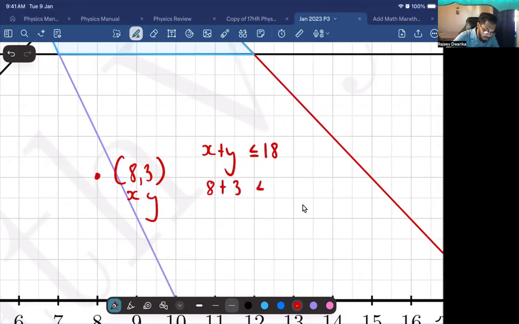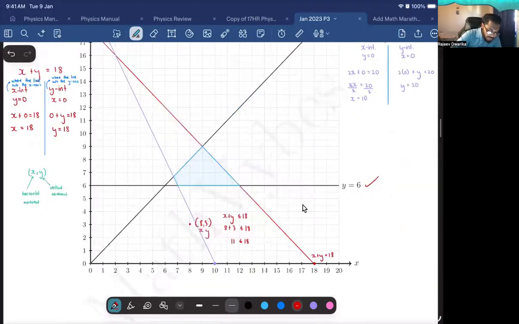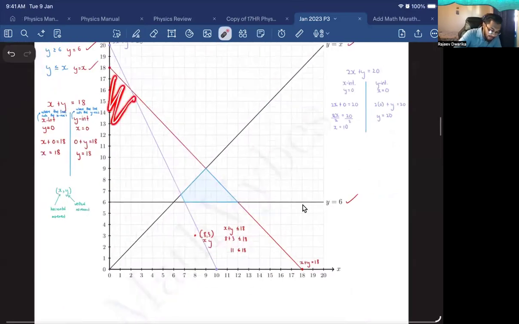Is 8 plus 3 less than or equal to 18? Yes, sir. Because what's 8 plus 3? 11. Is 11 less than or equal to 18? Yes, sir.